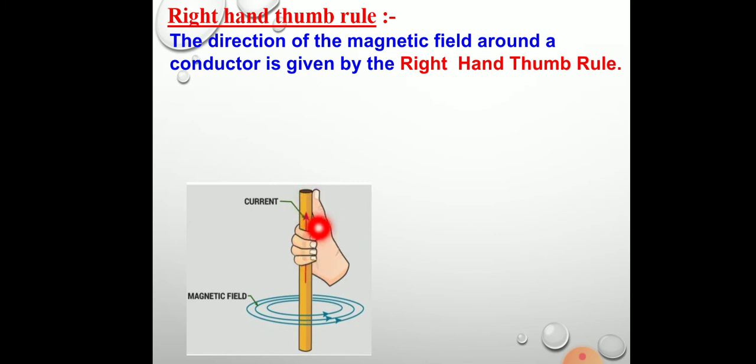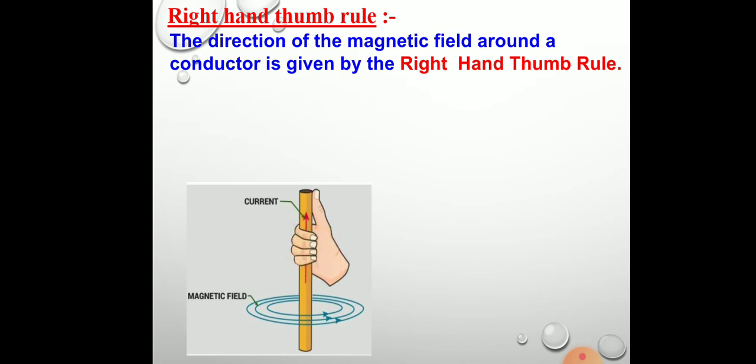If we hold this current carrying conductor in the right hand such that the thumb points in the direction of flow of current, then the fingers encircling the wire show the direction of the magnetic field lines. So this is the direction of the current, and the fingers encircling it show the direction of the magnetic field.